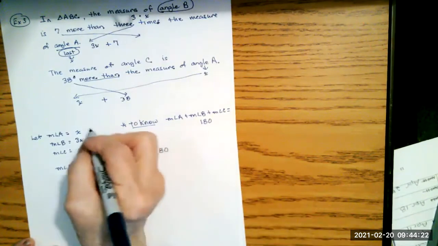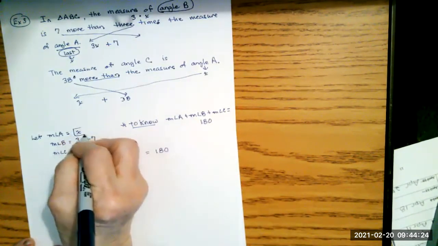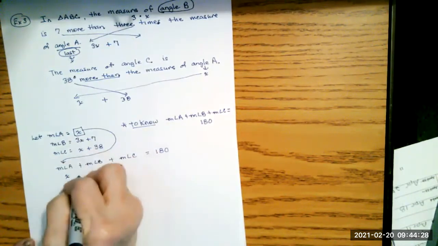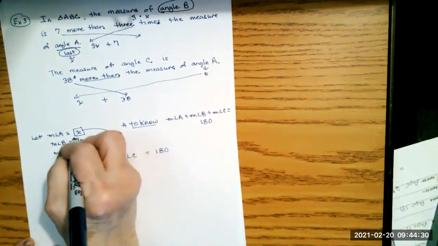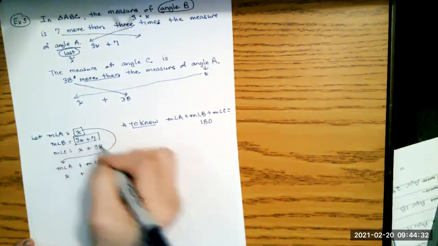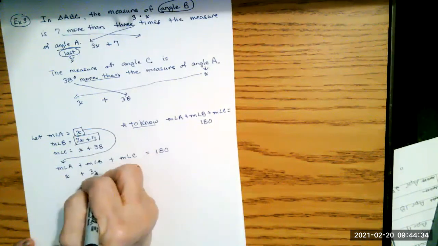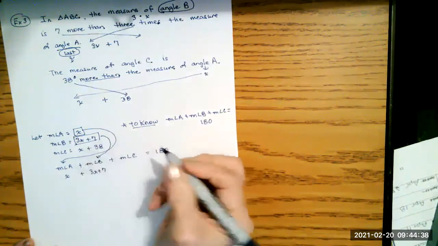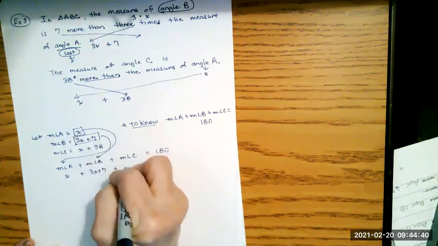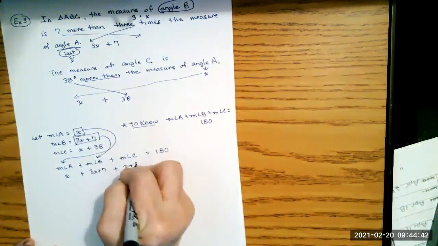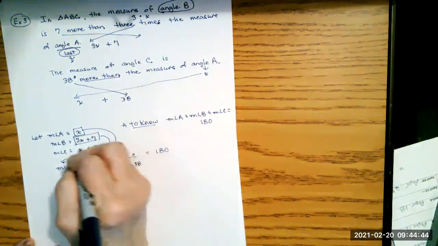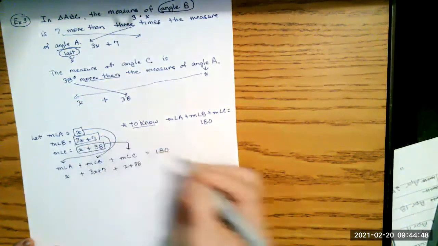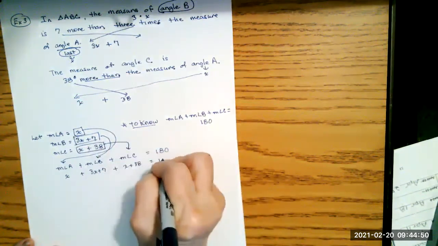Well, I know angle A is x, so I'm going to bring it down here. And I know the measure of angle B, it's 3x plus 7. So I'm going to bring it down there. And I know the measure of angle C, it's x plus 38. If you want to know how to do these with 3 equations and 3 unknowns, I'll be glad to show you.